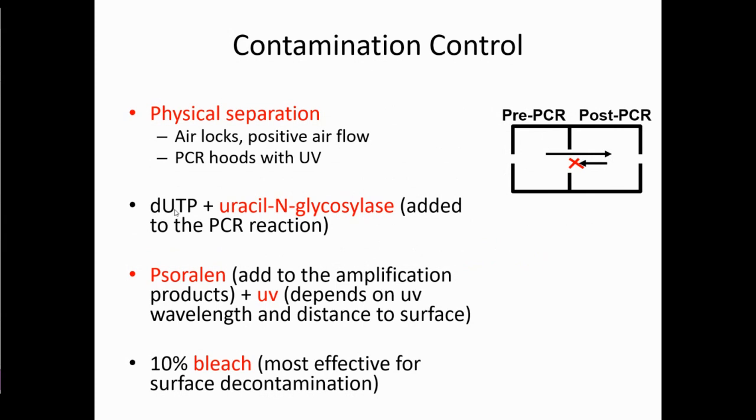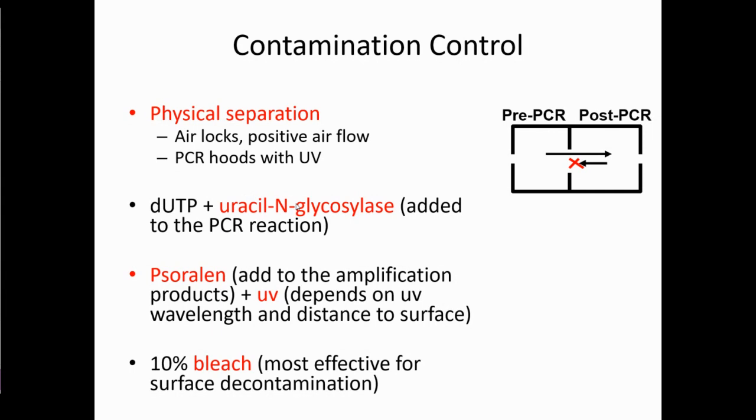Because this will involve the substitution of dUTP for dTTP in the PCR reagent master mix. And so the result is you will incorporate dUTP instead of dTTP into the PCR product. All right, so at the beginning of each PCR reaction, the enzyme uracil N-glycosylase, that's UNG, it's called UNG.